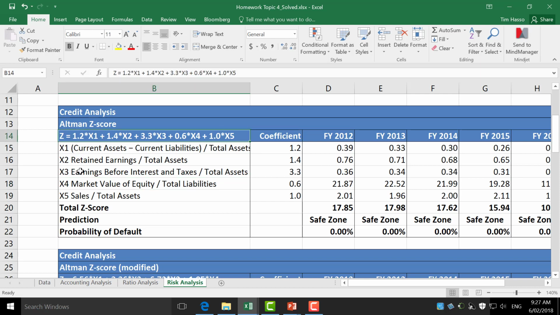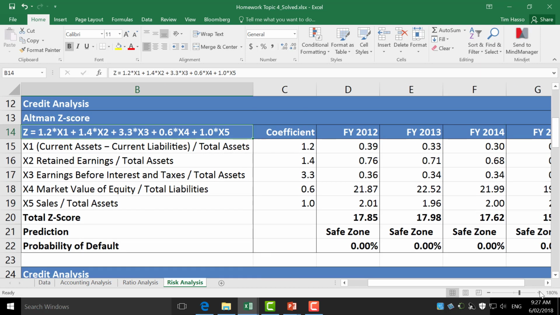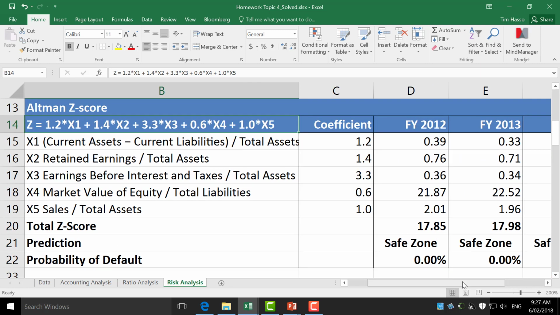We can see the equation there in cell B14. If I zoom in, you can see a bit better perhaps. Basically it says Z equals 1.2 multiplied by x1 plus 1.4 multiplied by x2 and so forth. And then down here you can see what x1, x2, x3, x4, and x5 are.